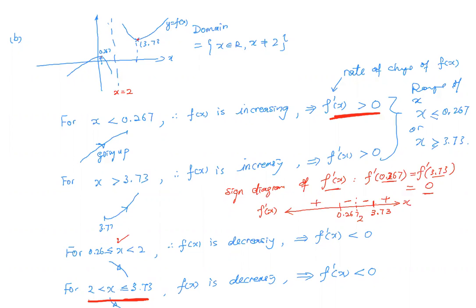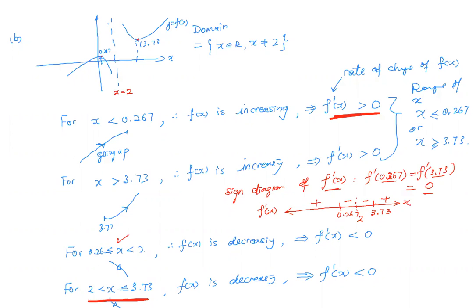Then with the graph given, you should be able to describe the changes of the function. If you are given the f(x) graph, you should be able to draw the sign diagram for f prime x. Get me? I'm using this example. For the next two lessons, I will give you different examples.